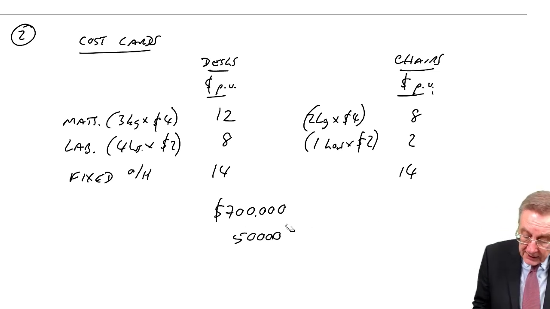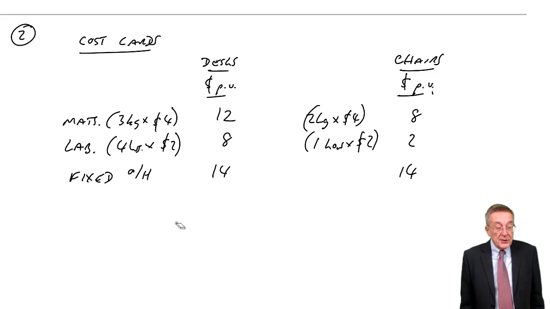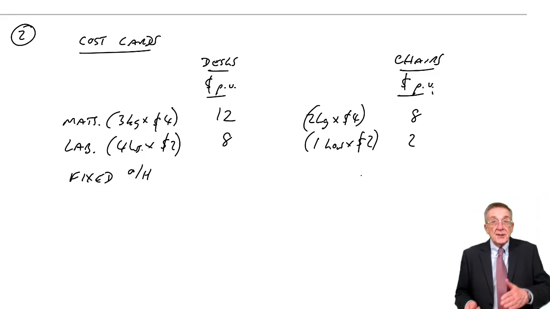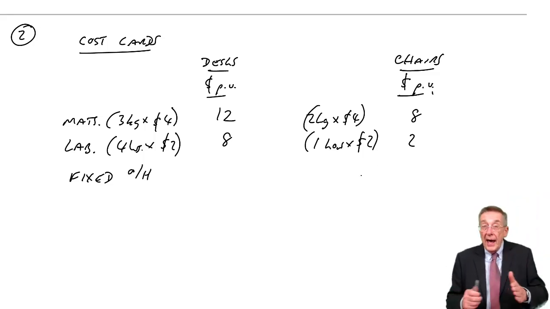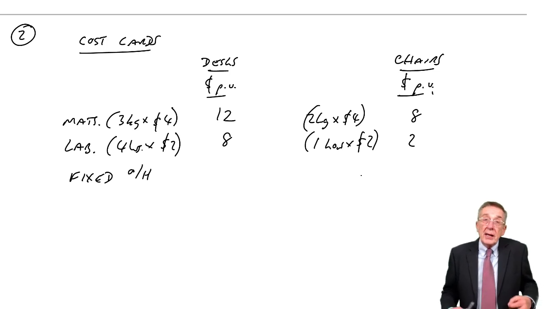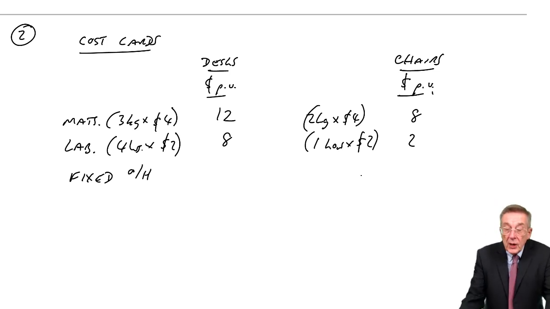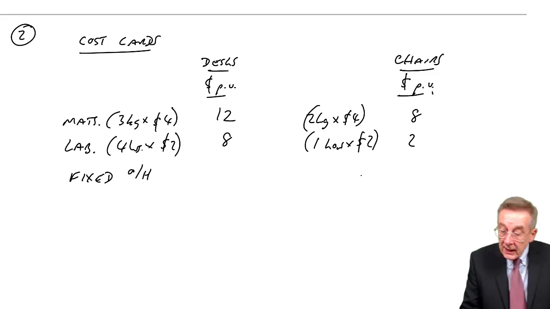And so what we tend to do, and this question tells us, it says absorb on a labour hour basis. What we're going to do is let's calculate how much it's costing us, these overheads, per hour. And if I know a cost per hour, then we can work out a cost per unit. Let me show you what I mean.